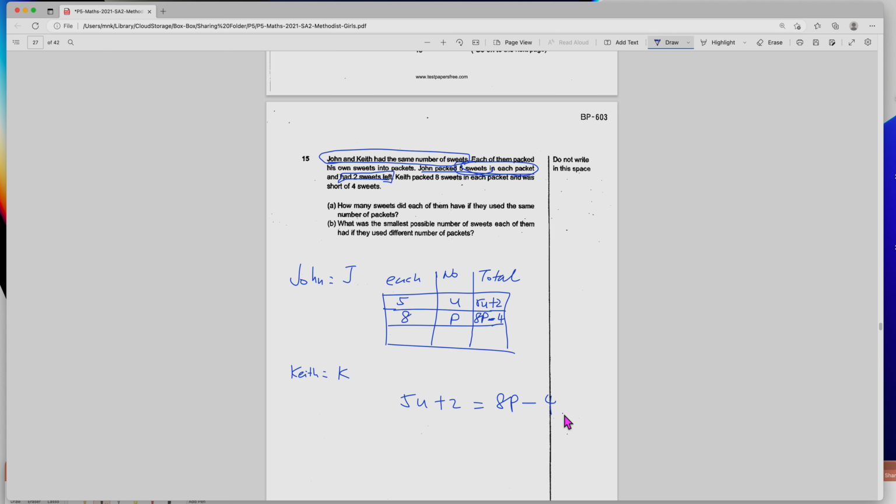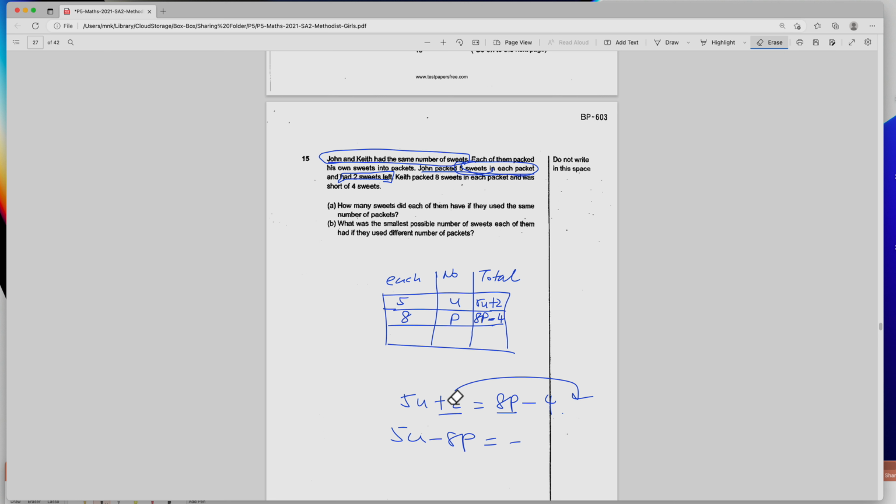Okay, so this is one way to do this question. And then what you realize here is that you bring this one over, so it's 5U minus 8P is equal to minus 6.